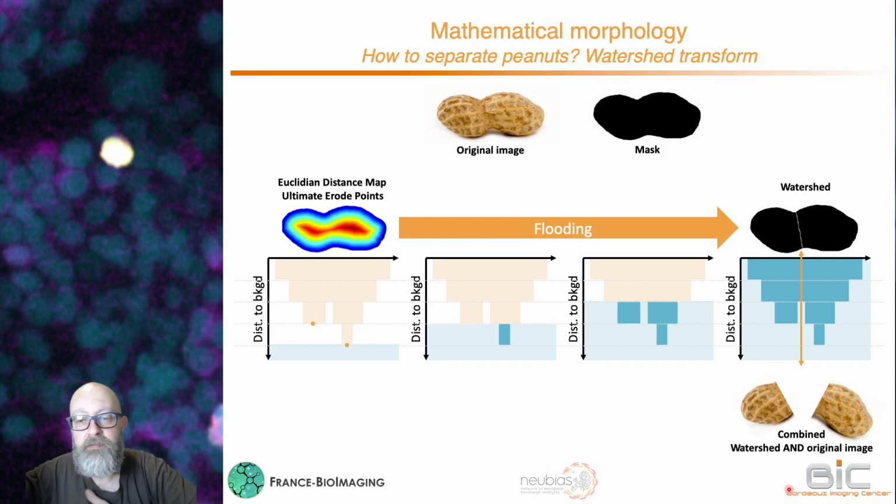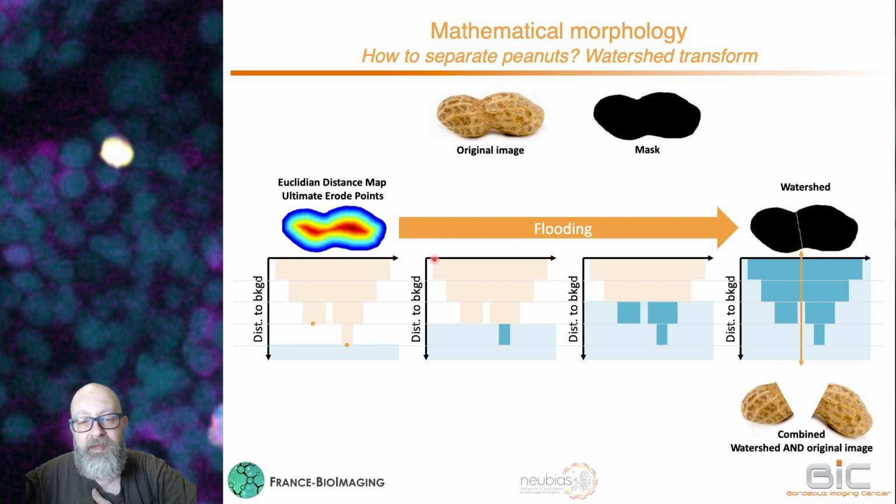So now the idea will be to do exactly this. The two basins are here and here, so it's quite normal to find a watershed in between the two here.